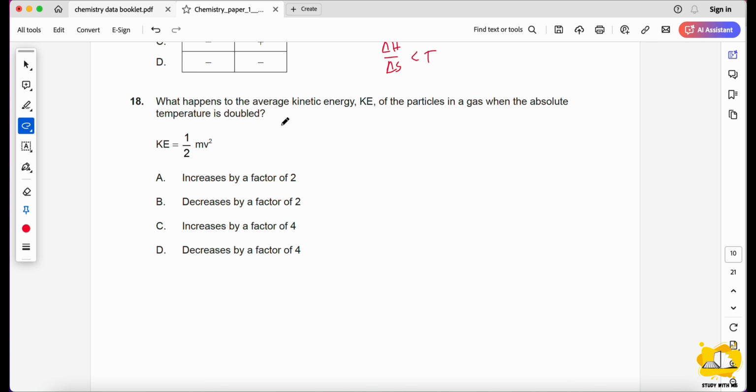There is one formula involving Boltzmann's constant, which is 3/2 kT, where k is Boltzmann's constant. You can see that the kinetic energy of the particles is directly proportional to the absolute temperature. Therefore, when the absolute temperature is doubled, the average kinetic energy of the gas will also double.